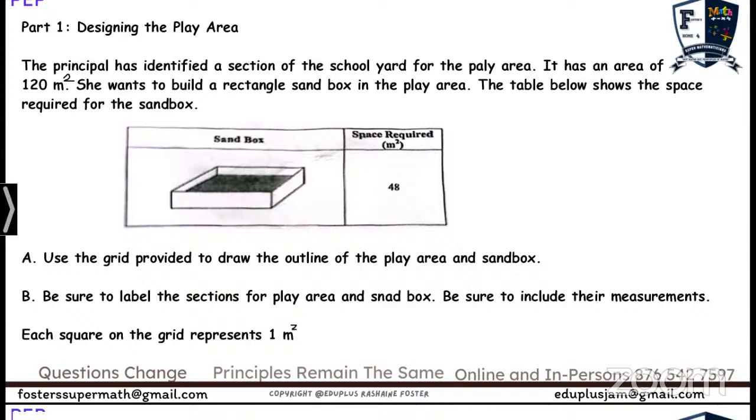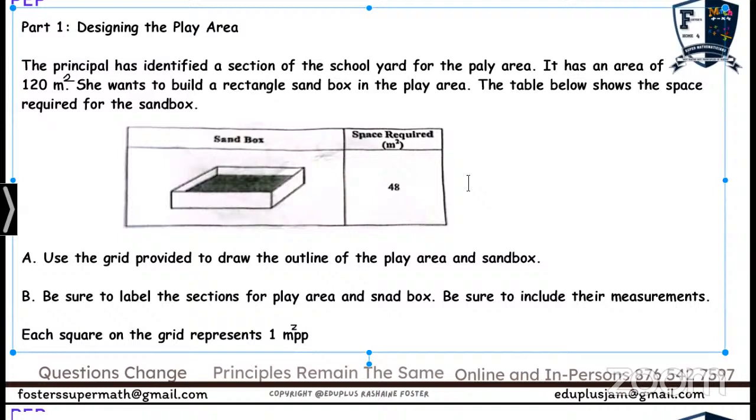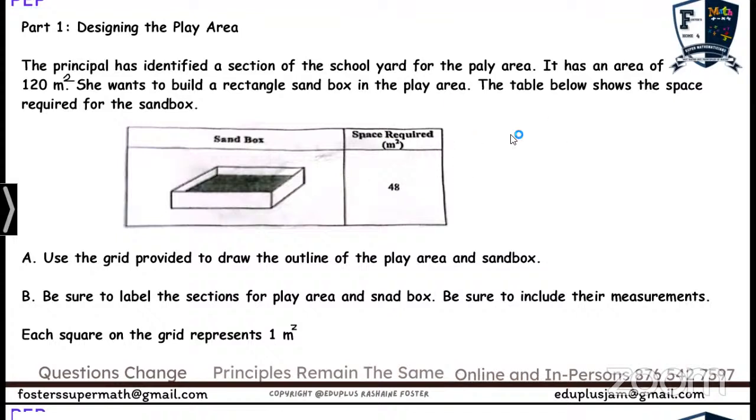Once you have that in mind, it will go a far way to helping you understand how to get the final answer. So again, let me write that on the screen here. Once we see area, it is going to be length times width.